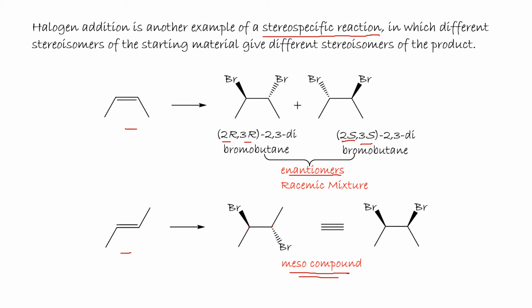So a meso compound has a plane of symmetry. If we just rotate it, we will form this, and again this is a mirror image. So it is R and S.